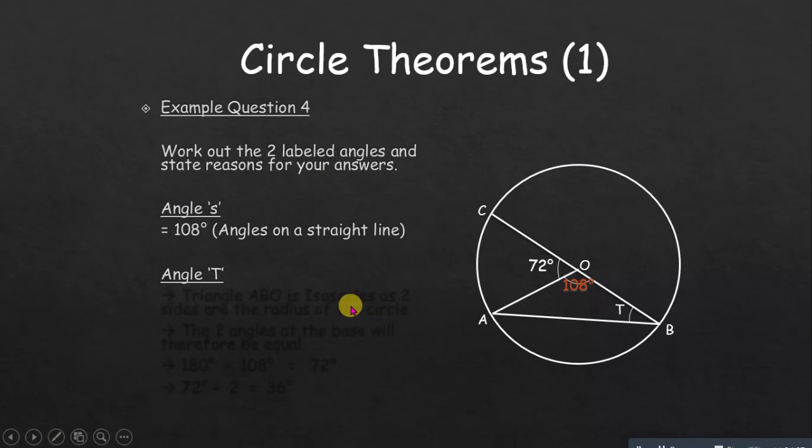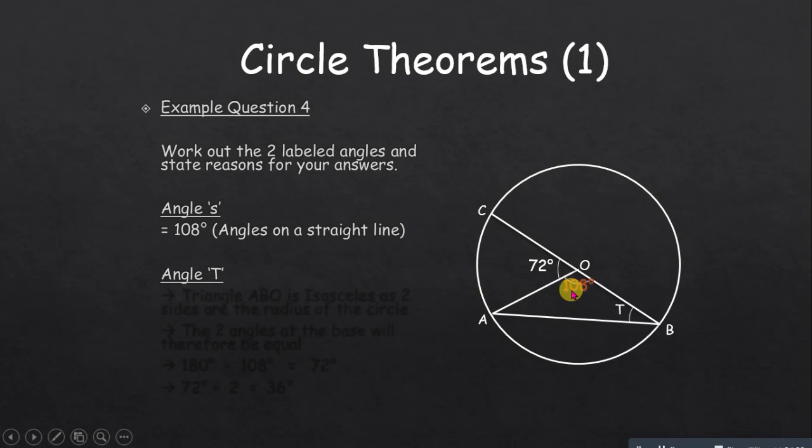The T is inside an isosceles triangle because this is line AO. AO is a radius and BO is also a radius. Meaning that the angle T, that is OBA, and angle OAB are equal.